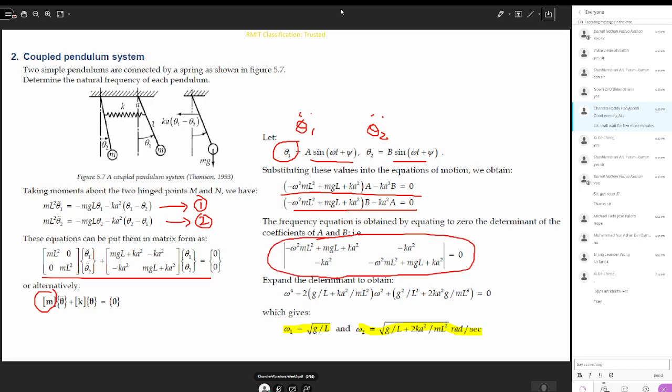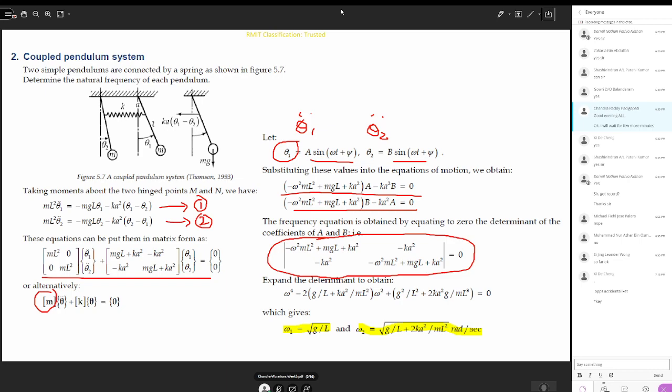The determinant involves only the constant values, so it will not have A and B. So we can write the determinant with the constants and equate it to 0.